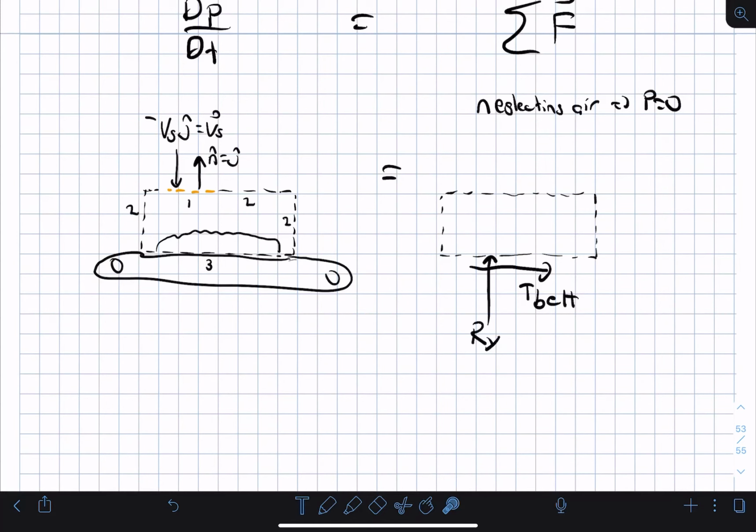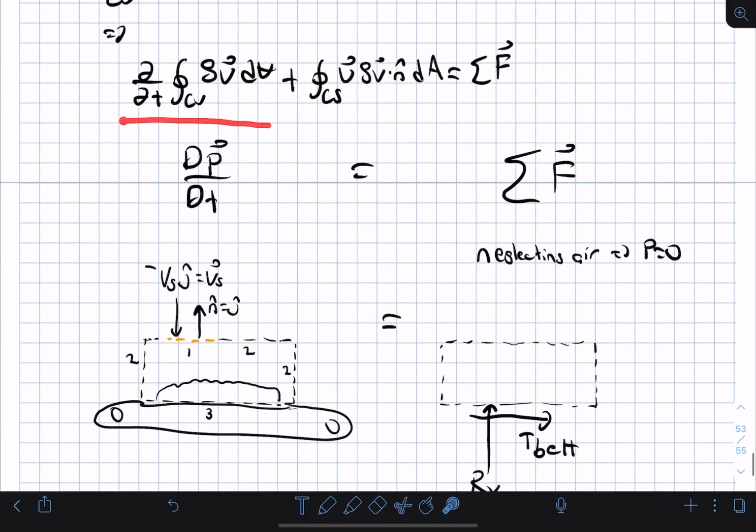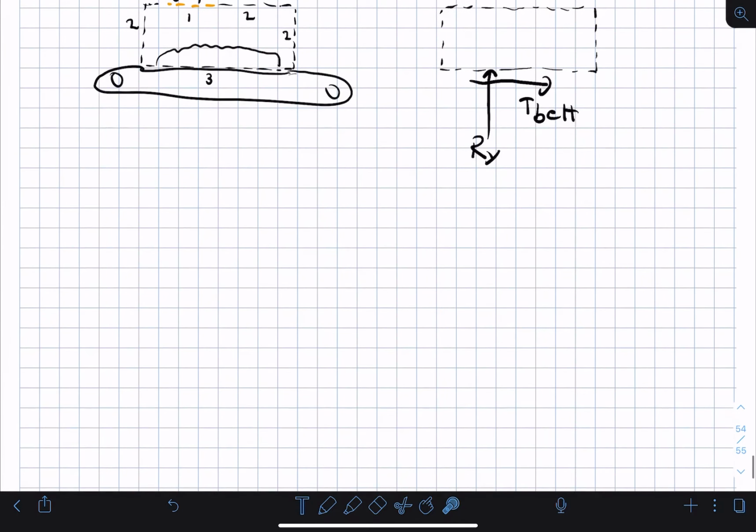The first term that I will work with will be this time derivative term. So now work with the terms.